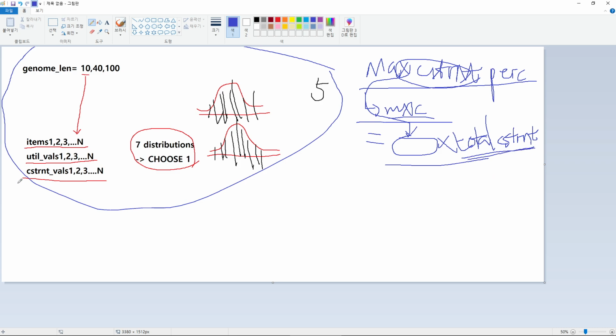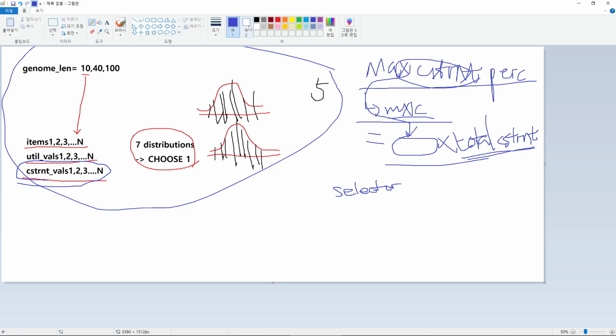Total constraint being the sum of all these values, constraint value 1 plus 2 plus 3, all the way to constraint value n. The maximum constraint will be used by the selector function to strike out entities that are over the threshold.